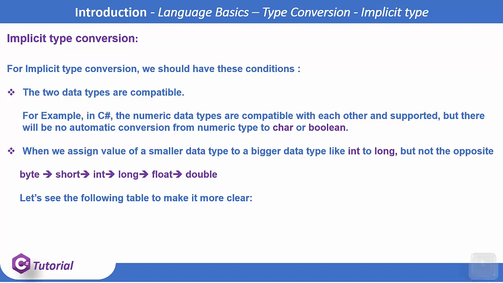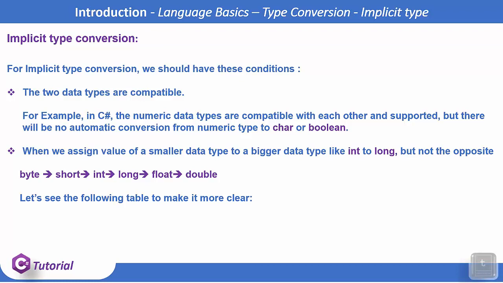The other condition is when we assign a value of a smaller data type to a bigger data type like int to long, it should be this way, from smaller to higher. So we can see it like this: byte, short, int, long, float, double.